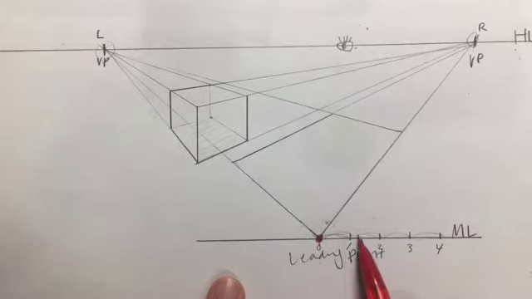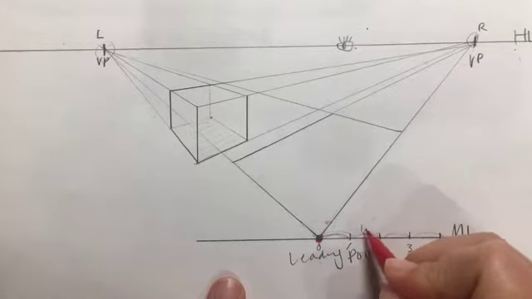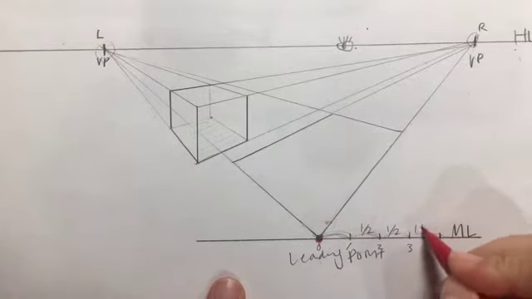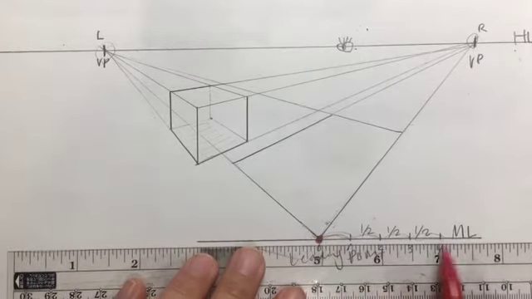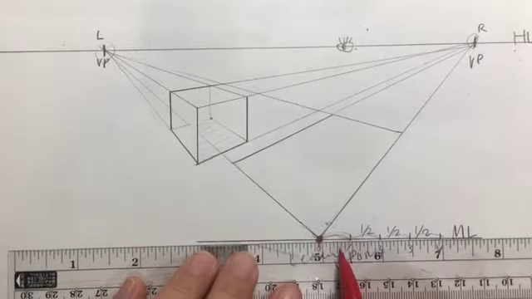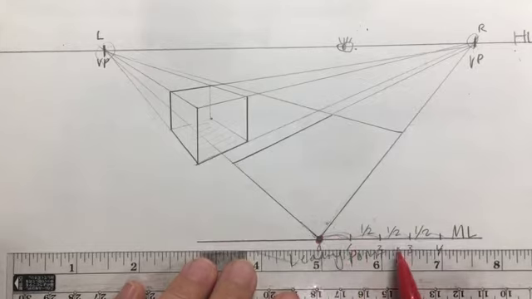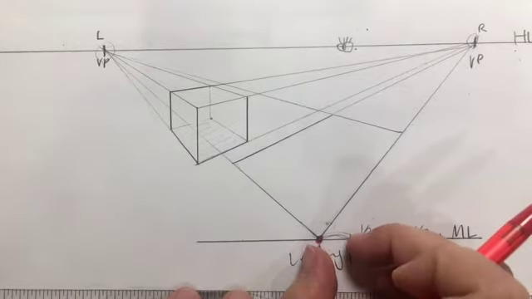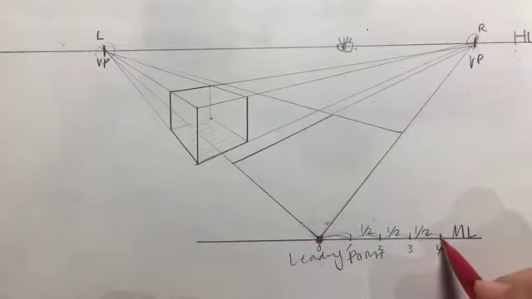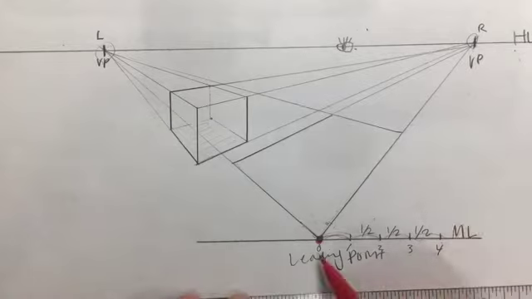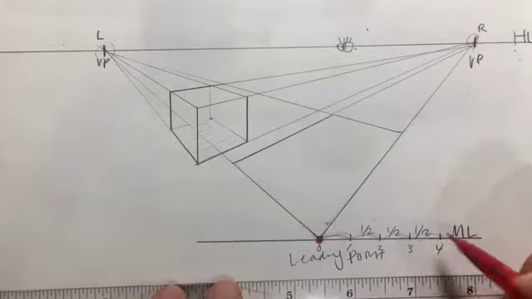Here I use the half-inch, but it doesn't matter. If you want to use 1 inch, it'll get longer. If you want to use a quarter, it gets shorter. It doesn't matter the width of this. It matters how many times you divide it. Okay, so here this seems an okay size for me.